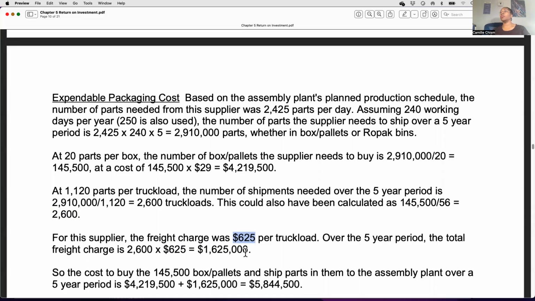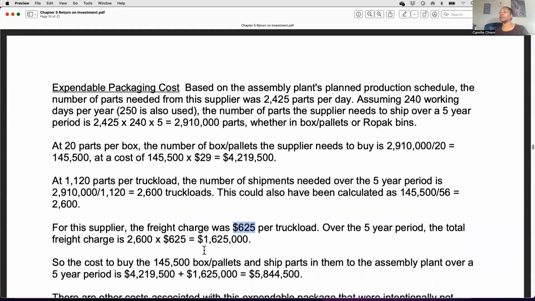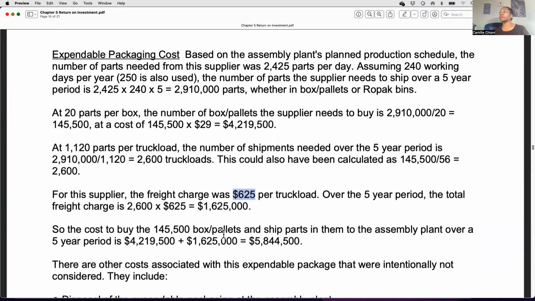Okay, so we're looking at the cost that you're paying for your packaging of 4.2 million, and your cost for freight is the 1.625 million. So you're going to take the 4.2 million plus the 1.625 million, and you're going to come up with $5,844,500.